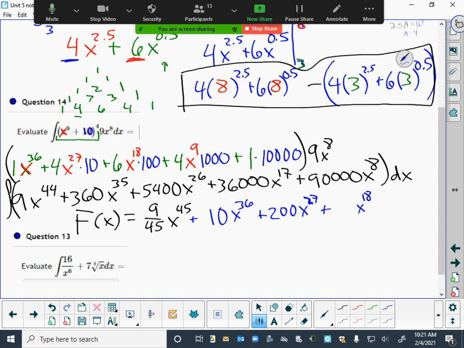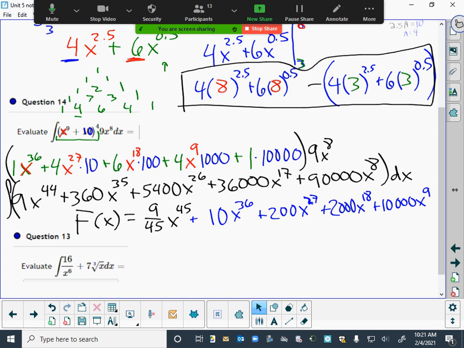Let's see if our luck should hold out on that one. 36,000 divided by 18 is 2,000. X to the 18th. Plus, this was an x to the 9th, and dividing that by 9 will leave me a 10,000 x to the 9th.